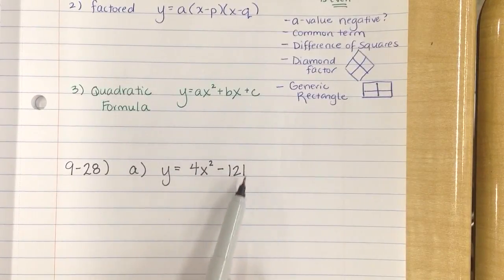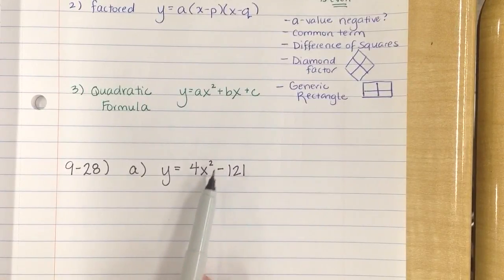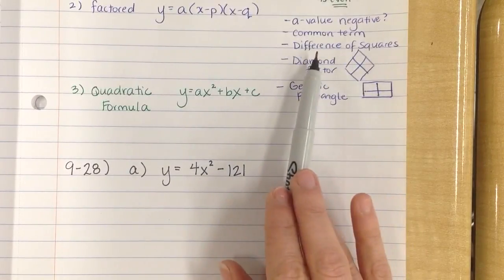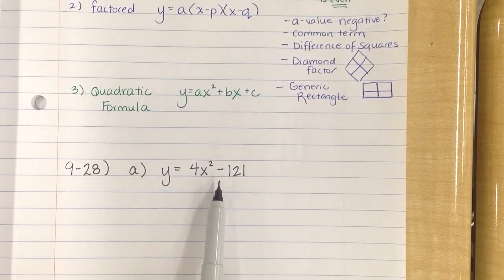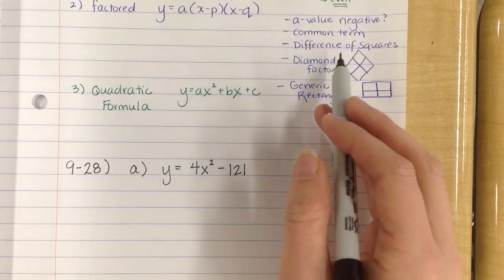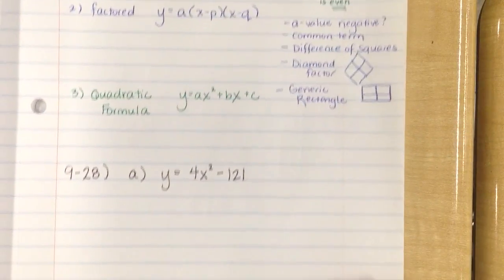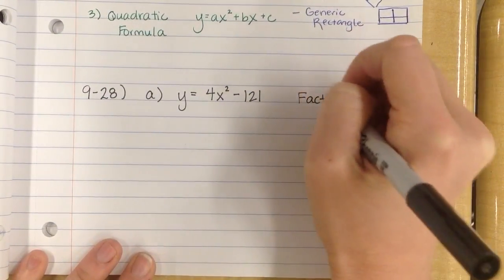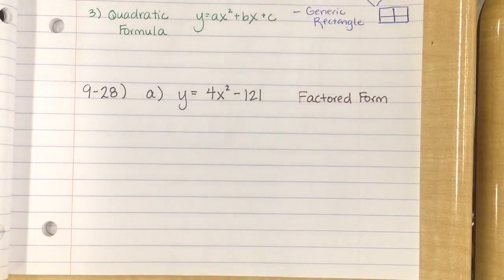Then we look at our c value, which is 121, and it is also a perfect square. Then we realize that they're separated by a negative sign, which is why it's called difference of squares. They're both perfect squares, and they're separated by the difference, or the negative sign. Therefore, we look back up here: difference of squares falls into the factored category, which is why we'll be using the factored form to solve and simplify this quadratic equation.